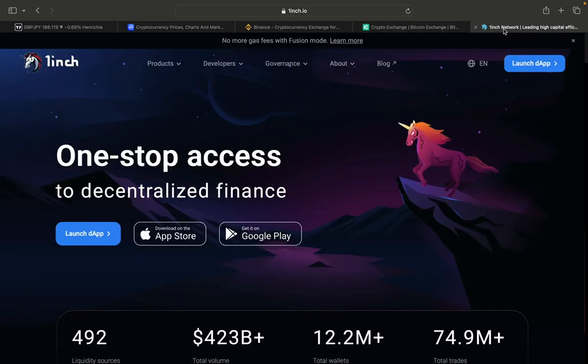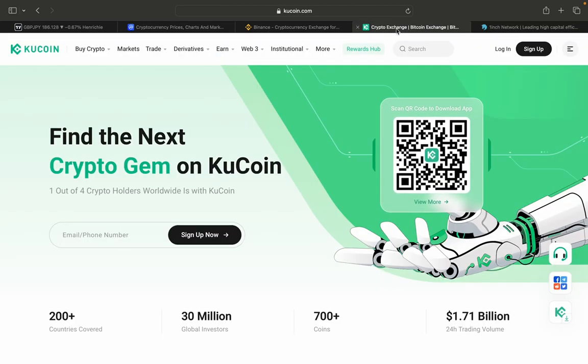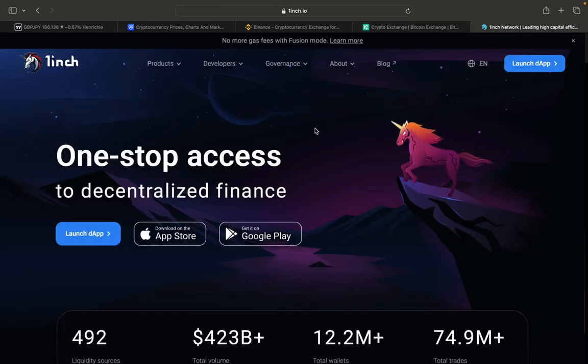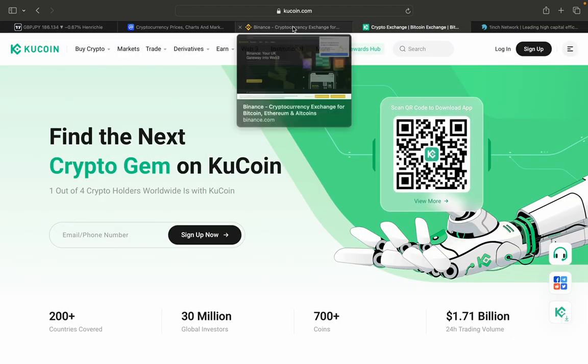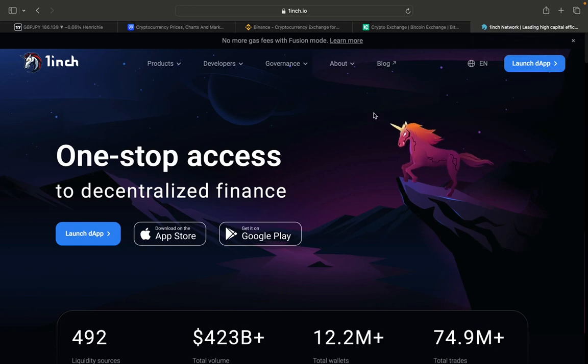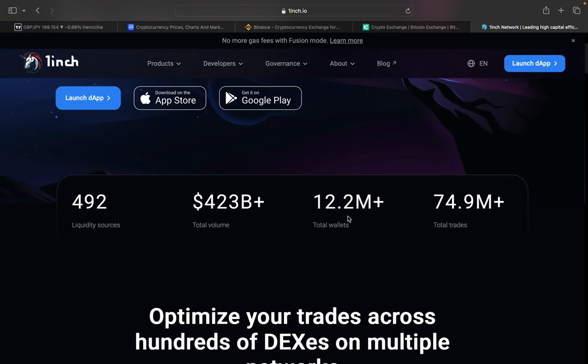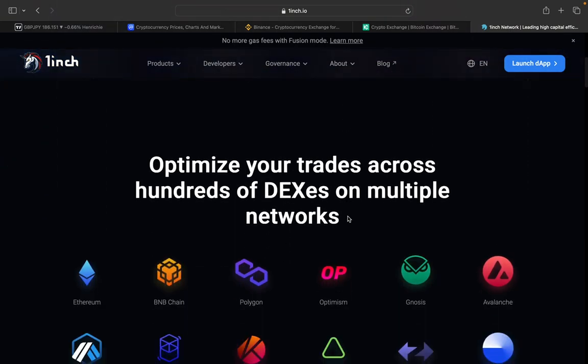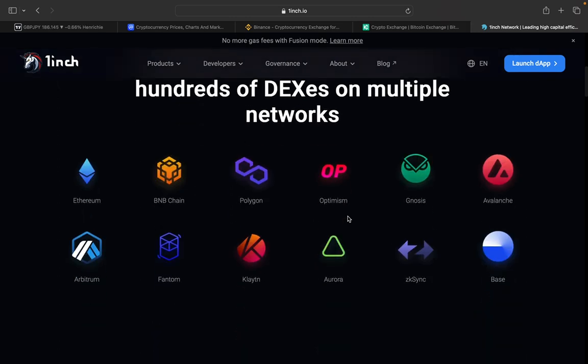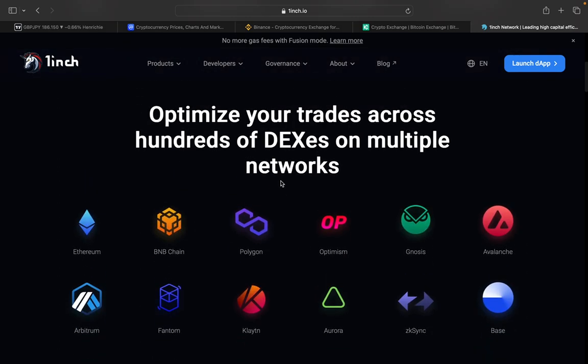And you can also use 1inch to invest in low cap coins that are not yet in any exchanges. 1inch is basically a decentralized exchange, but KuCoin and Binance are centralized exchanges. So for 1inch, you can use this to buy coins that are not yet in any exchange. So you can basically buy off things like PancakeSwap. You can use 1inch to buy off those dexes.